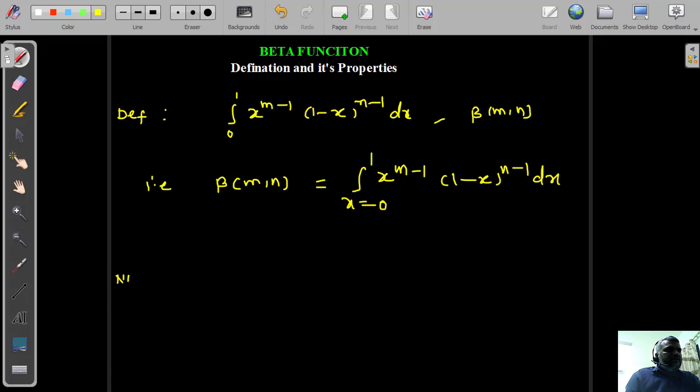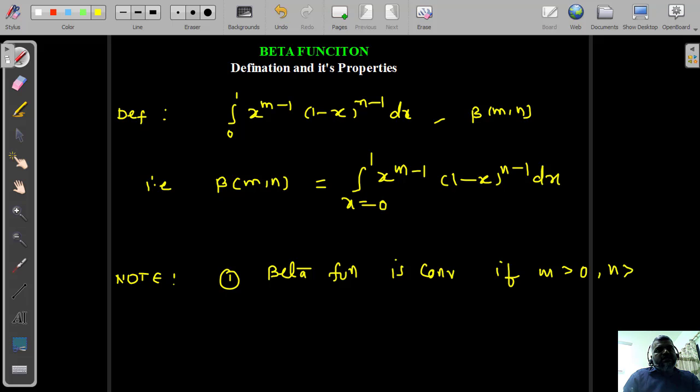Let us discuss a few points here. The first point is the beta function converges if both m and n are more than 0, which means m is greater than 0 and n is also greater than 0.